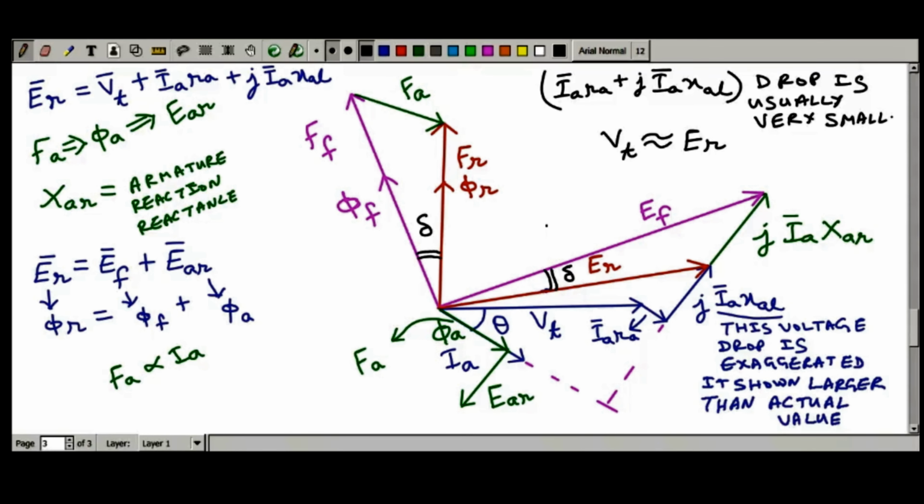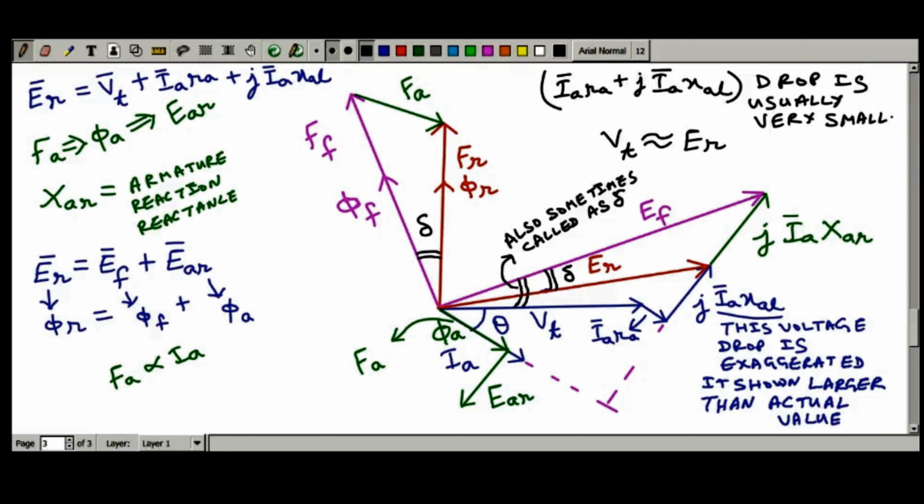That's why in some textbooks the angle between EF and Vt is also sometimes called delta. Why? Because of this particular thing, that the IaRa and IaXL drop is usually very small.